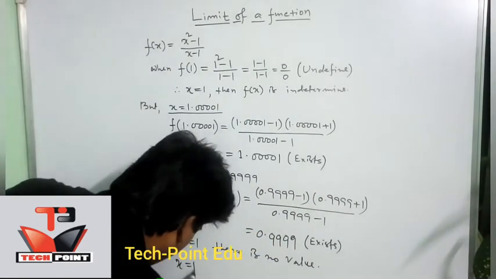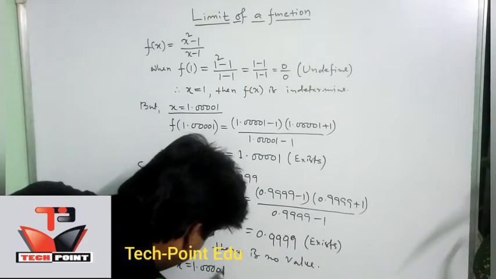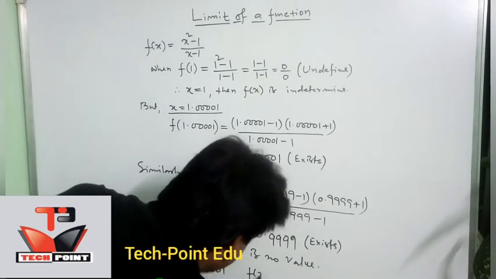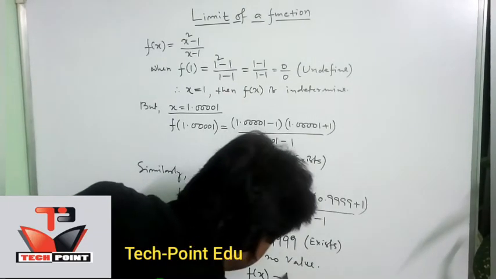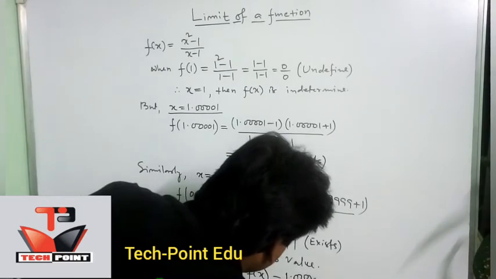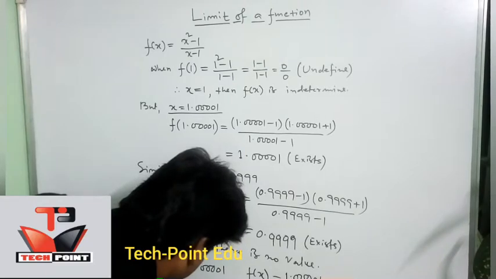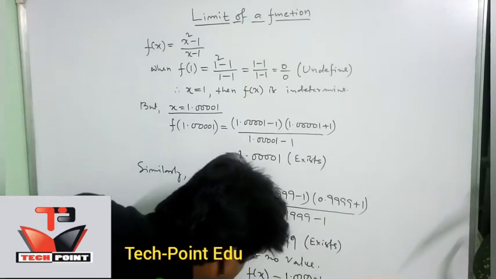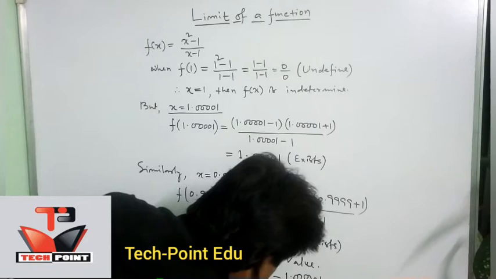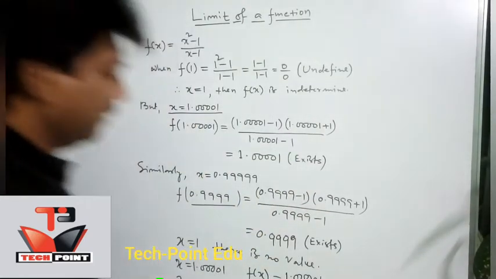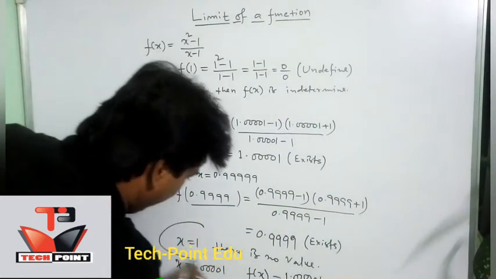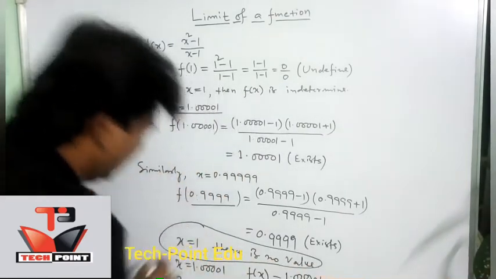When x is equal to 1.00001, f of x becomes 2.00001, and when x is equal to 0.99999, f of x becomes 1.99999. But we are not getting any value at the place where x is equal to 1.